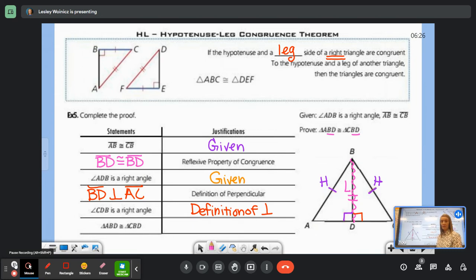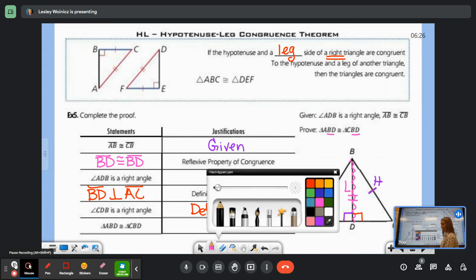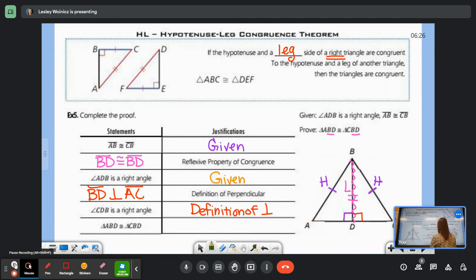The last thing that we had to do was show that both of the triangles were right triangles, and they only told us that one of those angles was a right angle. So now that we know that our angle BDC is a right angle, we've shown that these are right triangles, and we can use our hypotenuse leg. HL.